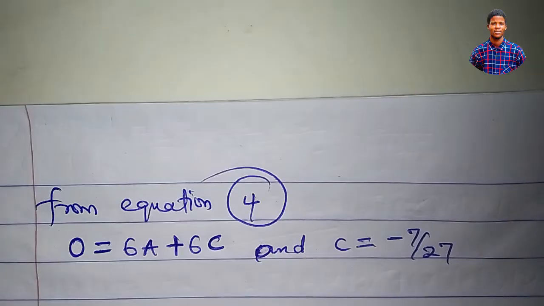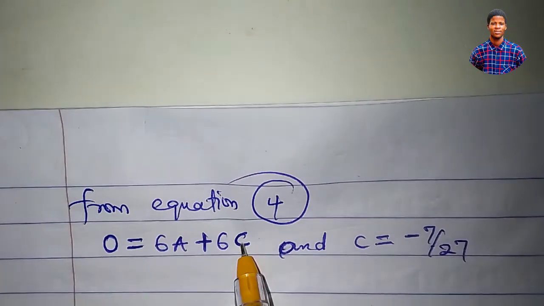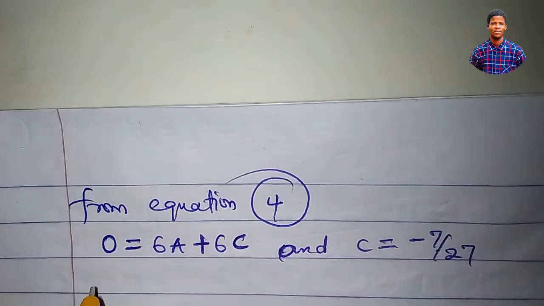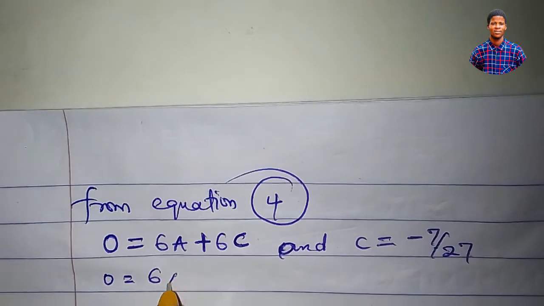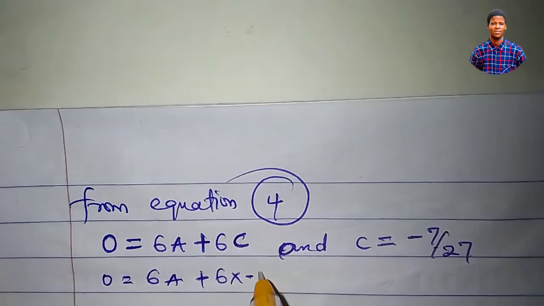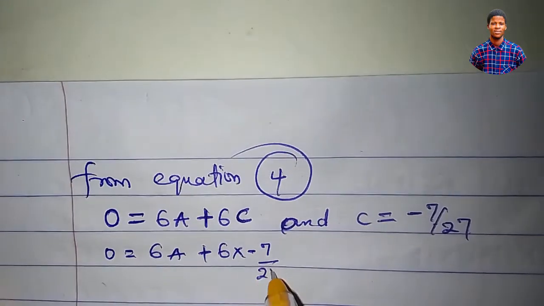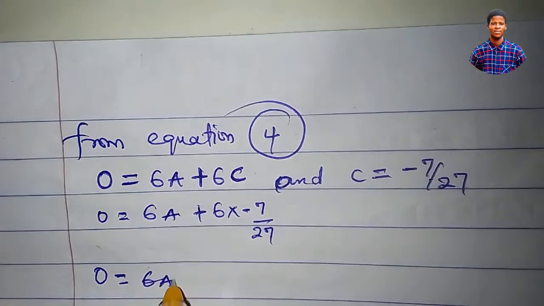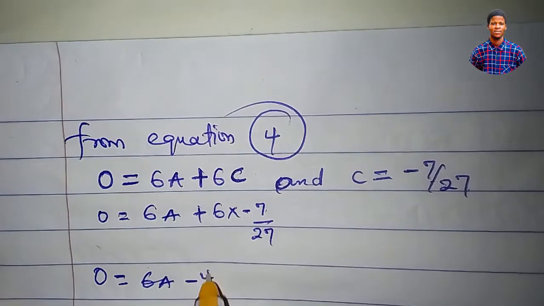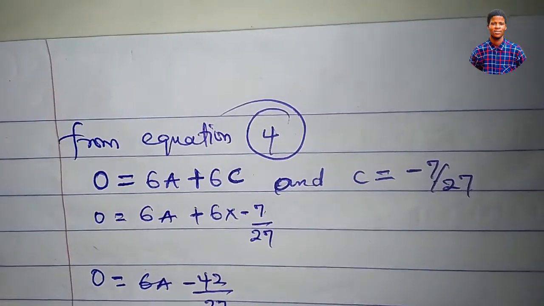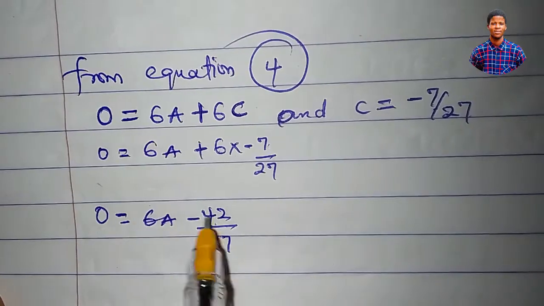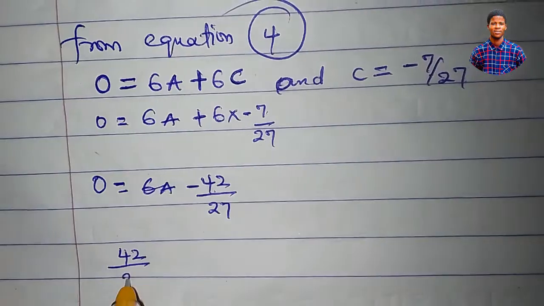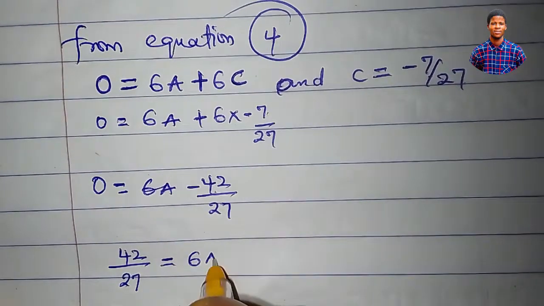Let's get the value of a now. So in place of c now, I can write minus 7 over 27 into this equation 4. So we have 0 is equal to 6a plus 6 times minus 7 all over 27. Okay, 0 is equal to 6a minus 6 times 7 is 42. So collecting like terms, this will cross and turn to 42 over 27 is equal to 6a.